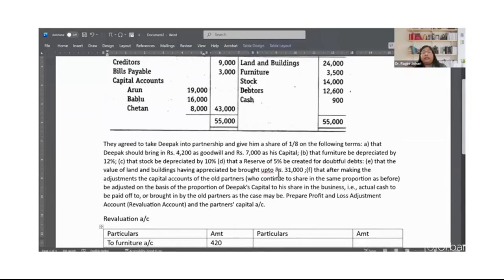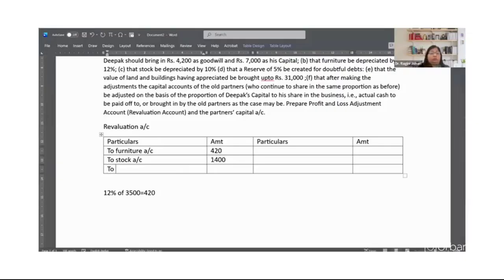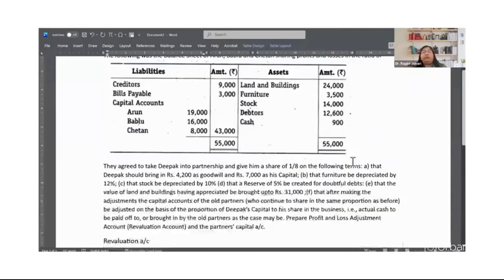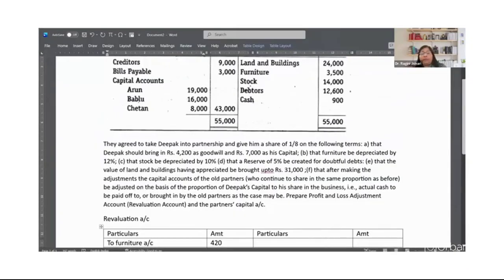Okay. Then it says reserve of 5% be created for doubtful debts. All right. So doubtful debts. This is kind of an expense which is being created. Thus, again, this will be posted on the debit side, to reserve for doubtful debts. 5% of what?